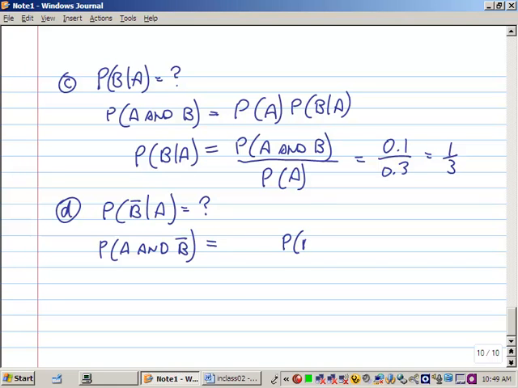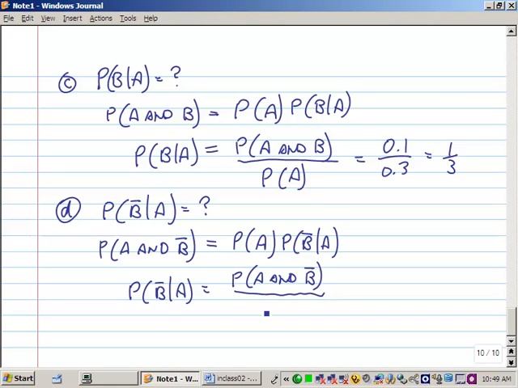So we have the probability of B bar given A over here. The first event, since it's conditioned on A, must be A. Rearranging that, the probability of B bar given A is the probability of A and B bar divided by the probability of A.